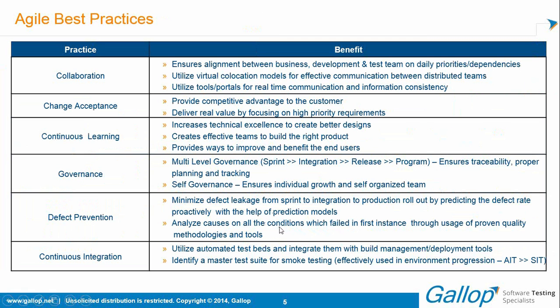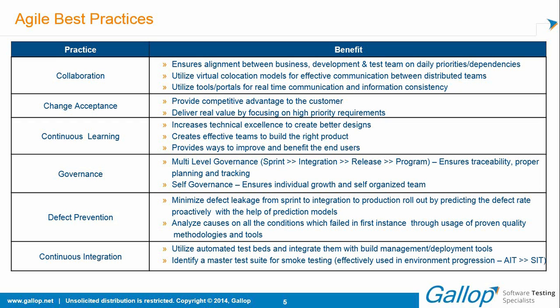Okay, so when we are talking about Agile, we'll have to make sure that we have the best practices in place. The reason being, Agile demands a lot of collaboration, because there are multiple teams located in distributed locations, and they are working in parallel on their individual components or units.